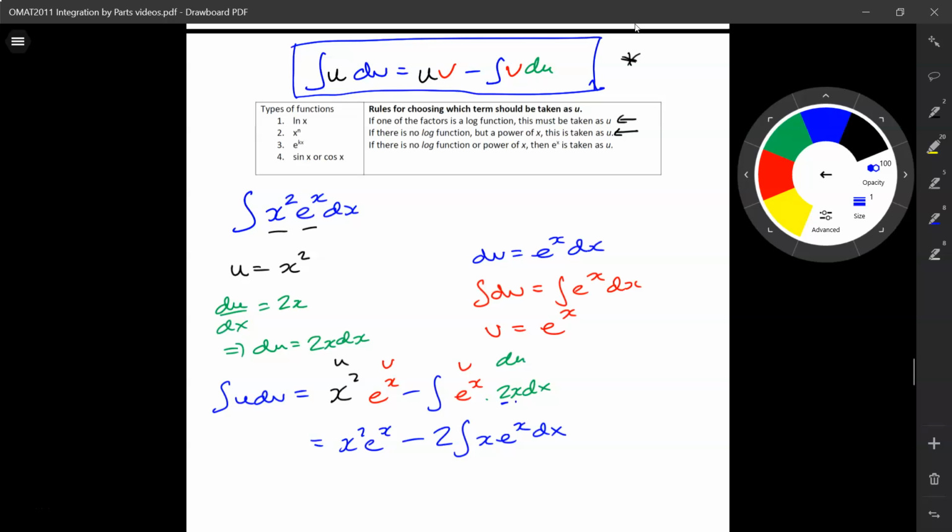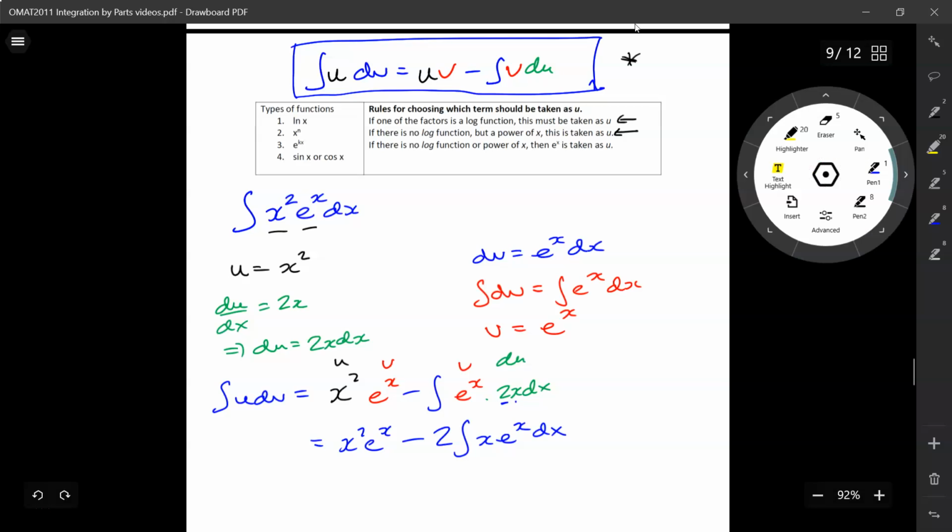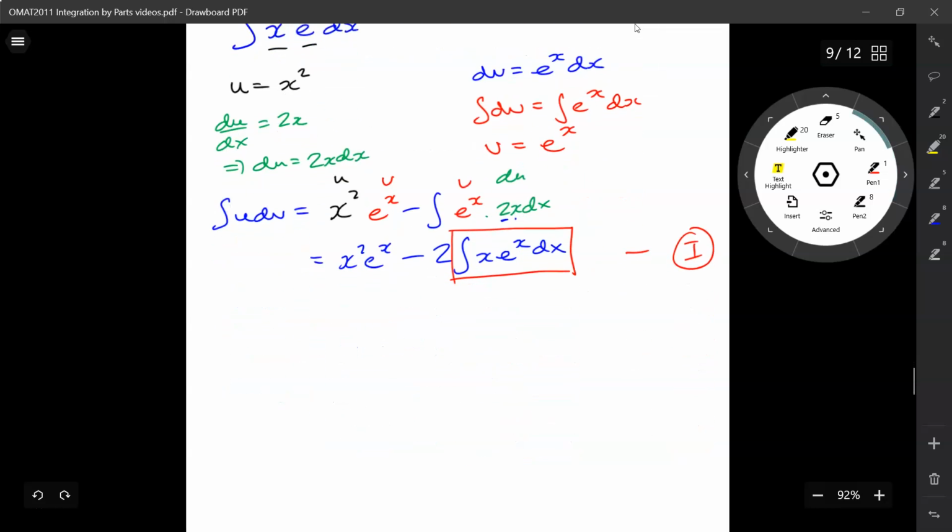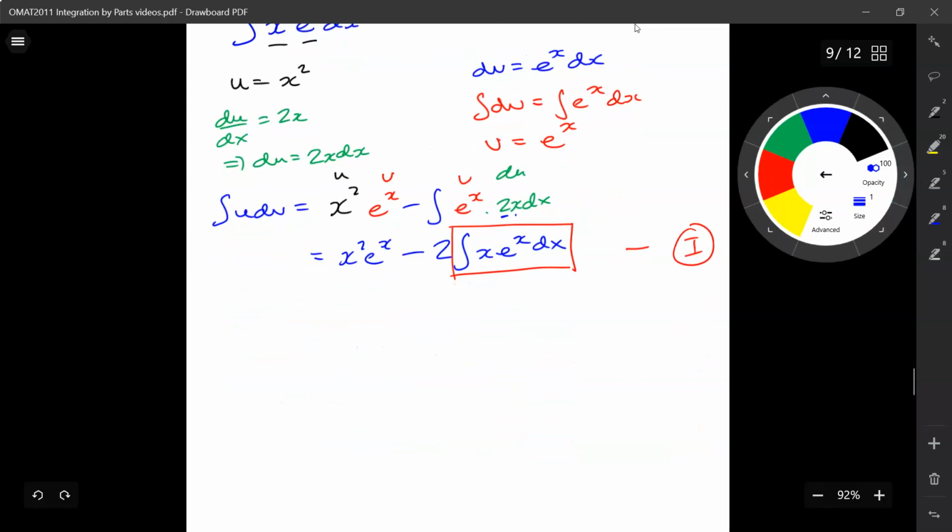So what happens here is we have this term here. Now we have to go around again, and we have to follow the procedure again when we integrate this term. And when we get our answer, we plug it back into this equation. So I'll number this equation 1. Then what we need to do is go through the process again, separately.